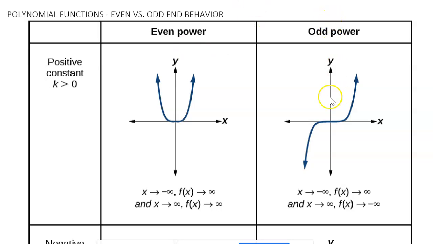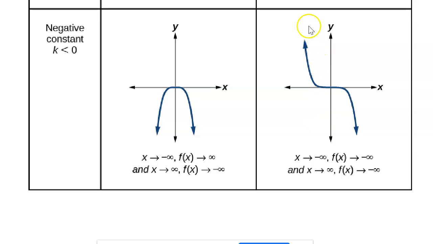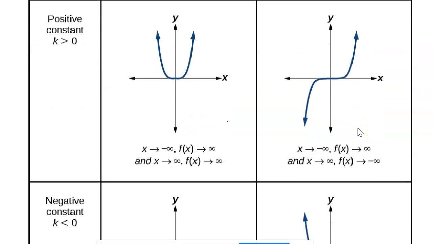For odds, the end behaviors are opposing. So an odd positive is going to approach positive infinity at infinity and negative infinity at negative infinity. And a negative odd function is going to do the exact opposite. So know these shapes, be comfortable with these relationships.